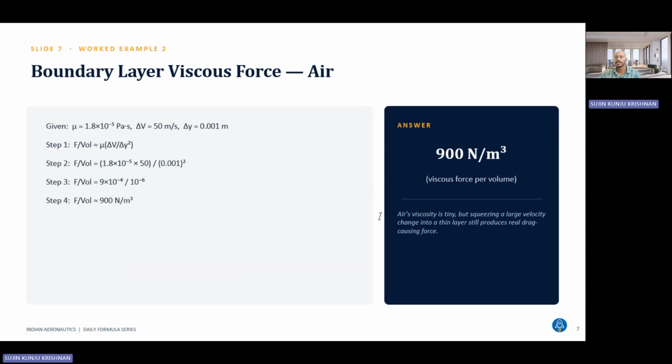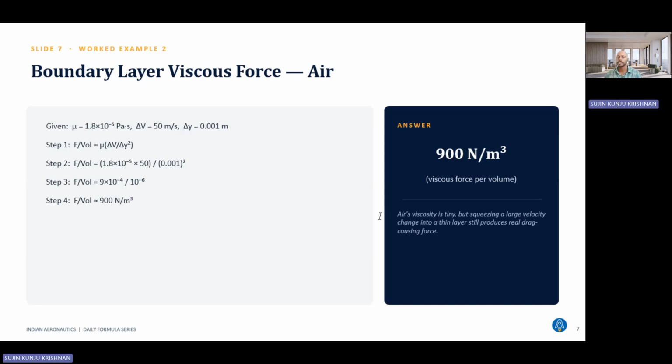Near a wing surface, air velocity changes by 50 meters per second across a boundary layer just 1 millimeter thick. Air viscosity is 1.8 times 10 to the minus 5 Pascal seconds. Estimate the viscous force per unit volume.